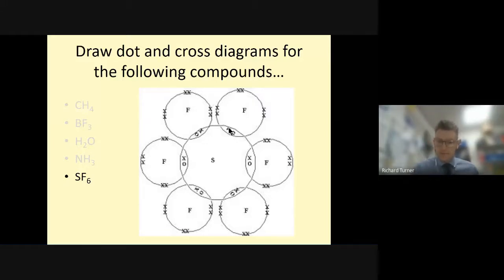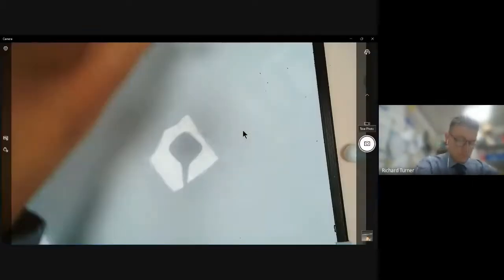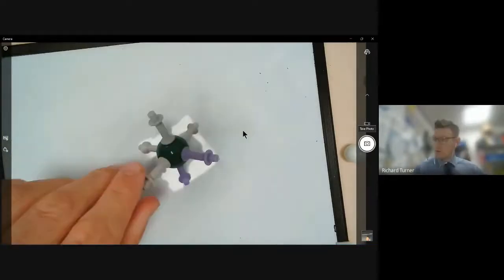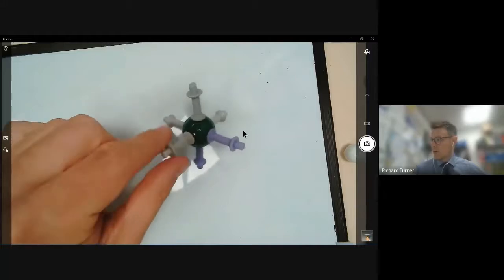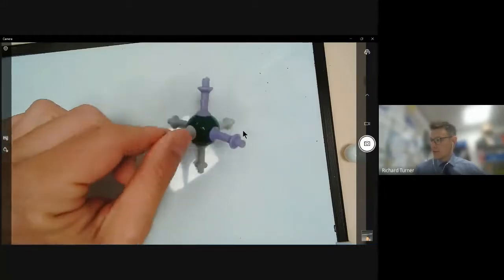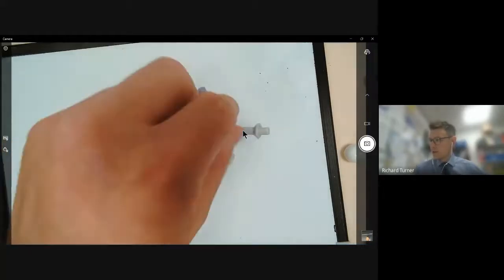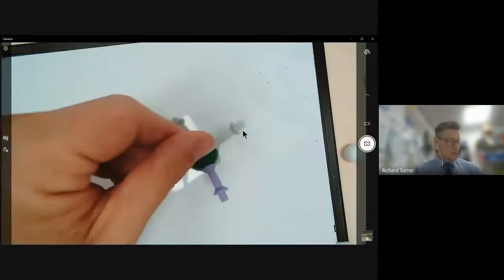So what does that look like in reality? Here we have this fantastic shape. We have an octahedral. You can see it is a symmetrical molecule.